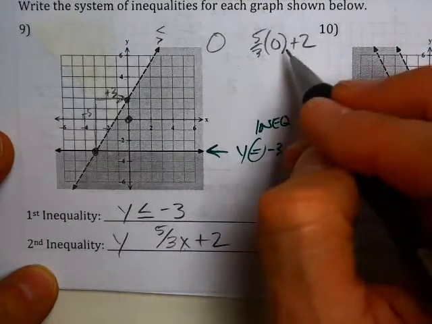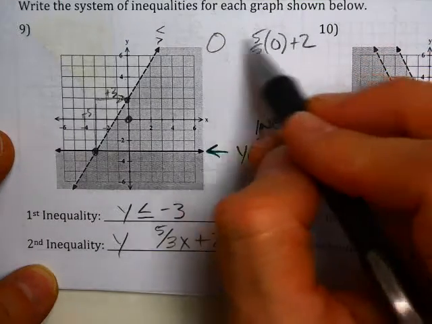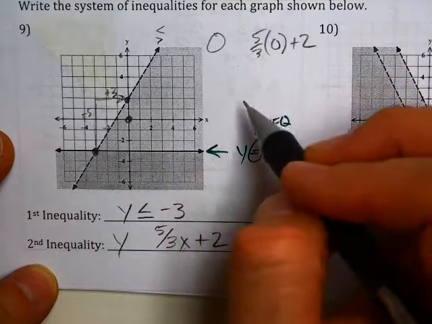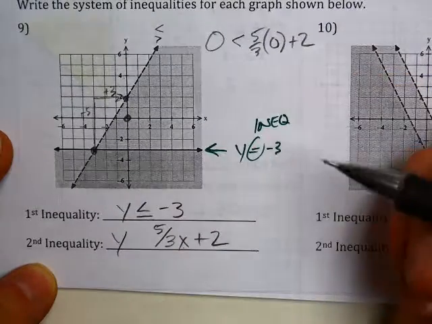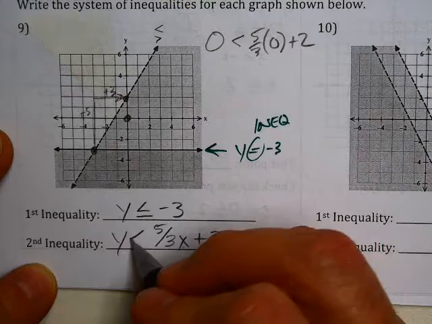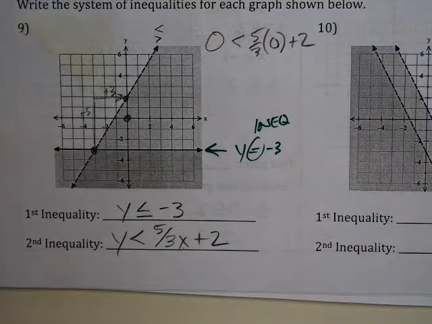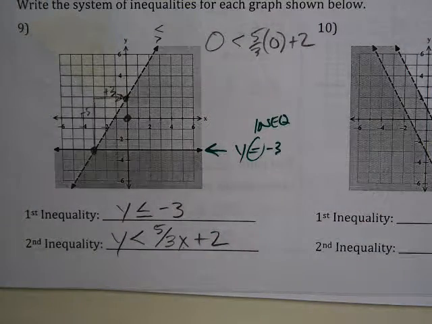So 0 or 2, which is bigger? 2. So this is the direction of my inequality, and I'll bring it down there like that. Okay? How does that work for a couple of examples? Are we okay with that?